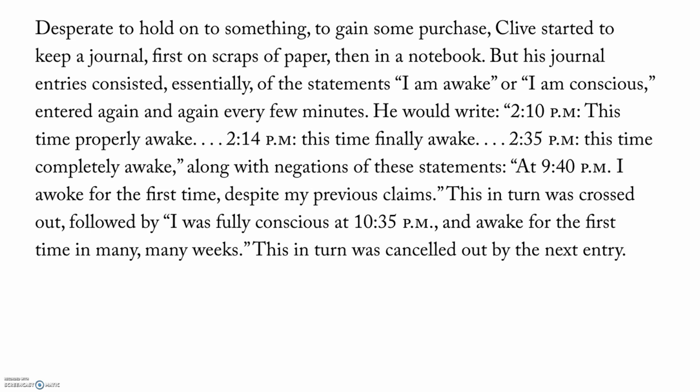So he writes about the case of a man named Clive, who started keeping a journal, and in his journal he would write statements like this: "I am awake," or "I am conscious," and then he would strike that out, and then a few minutes later he would write again, this time "properly awake," and then "finally awake," and then again, "completely awake." "At 9:40 p.m., I awoke for the first time despite my previous claims." This in turn was crossed out, followed by "I was fully conscious at 10:35 p.m. and awake for the first time in many, many weeks."